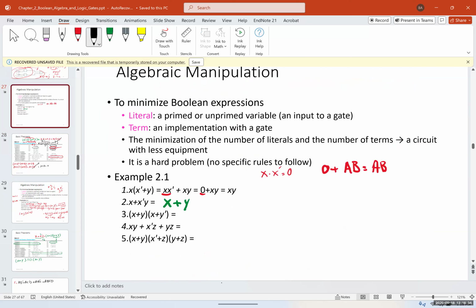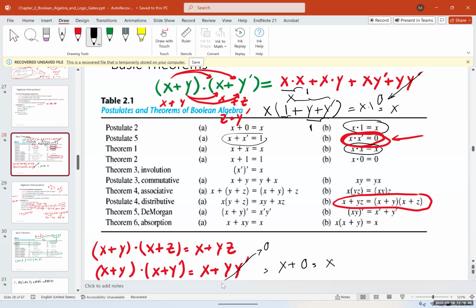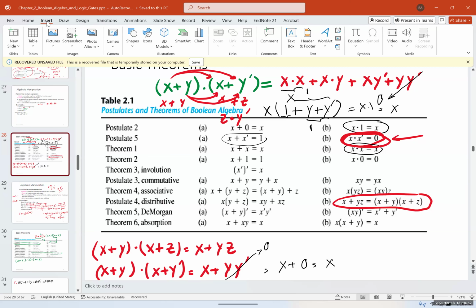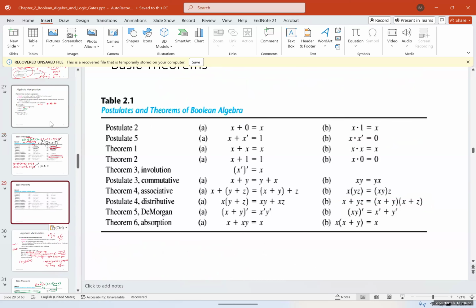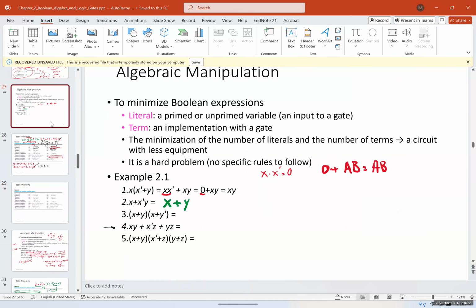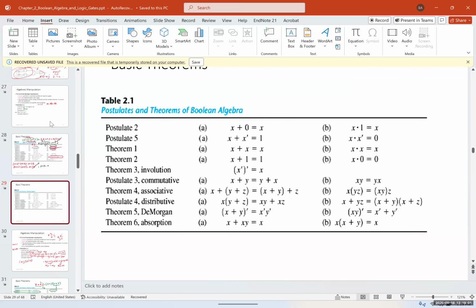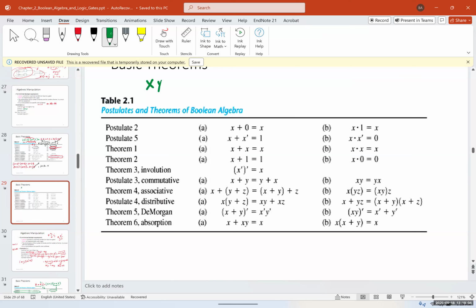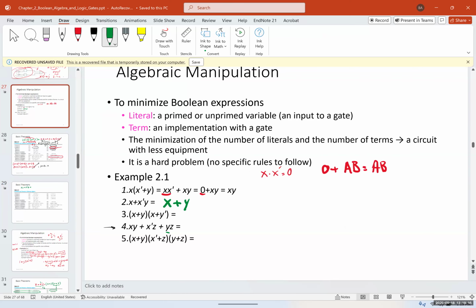Yes. Okay. So problem number 3, I'm sorry, number 4, example number 4: xy plus x prime z plus yz.